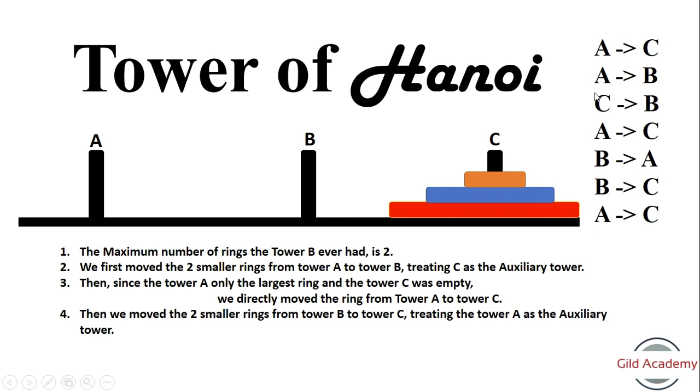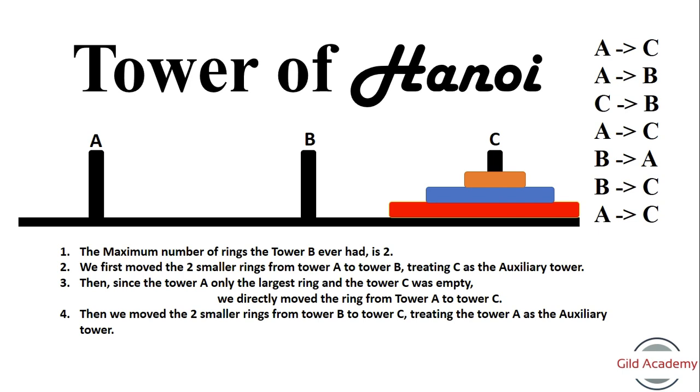Finally, since tower C is empty and tower A had the largest ring available in it, we directly moved the ring from tower A to tower C, following which we moved the two smaller rings from tower B to tower C, and we made use of tower A as the auxiliary tower.